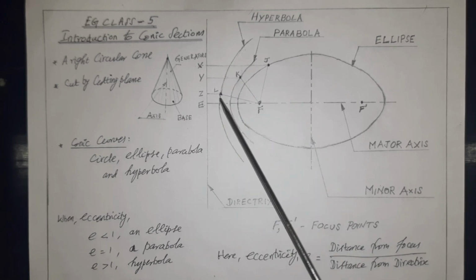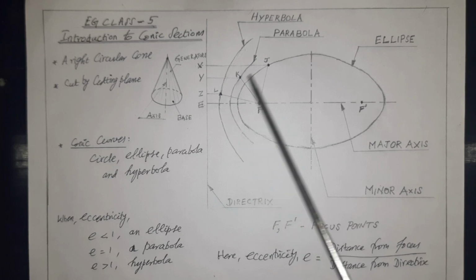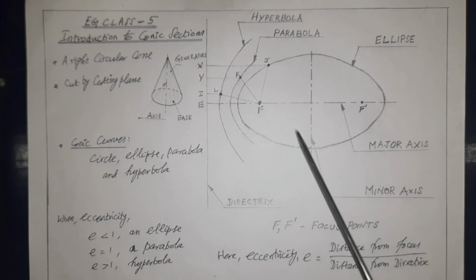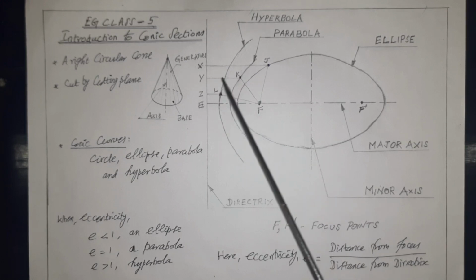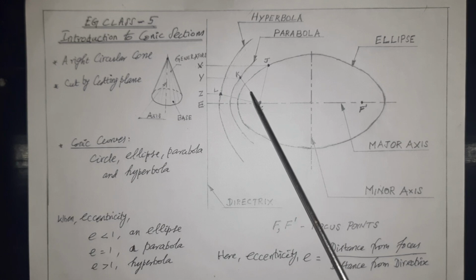Here E is greater than 1, it is a hyperbola. This point is coming on the hyperbola. Likewise, next you take the point K. Here this is the distance from focus, this is the distance from directrix. Both lengths are almost equal, but you should calculate and decide in the problem.